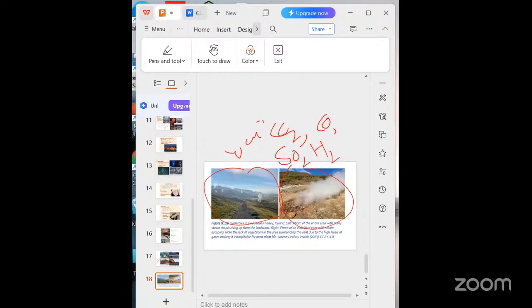At high pressure, these gases are dissolved in the magma. But if the pressure decreases, such as when magma moves closer to the surface or when a volcano is erupting, the gas comes out.